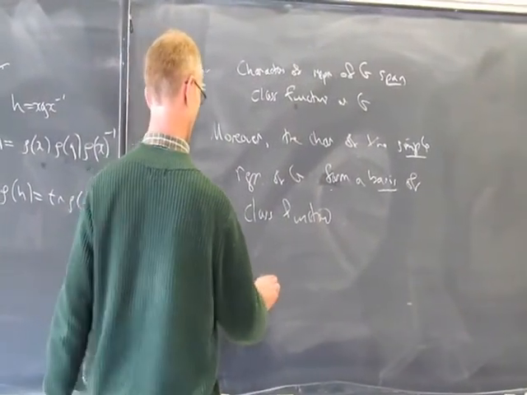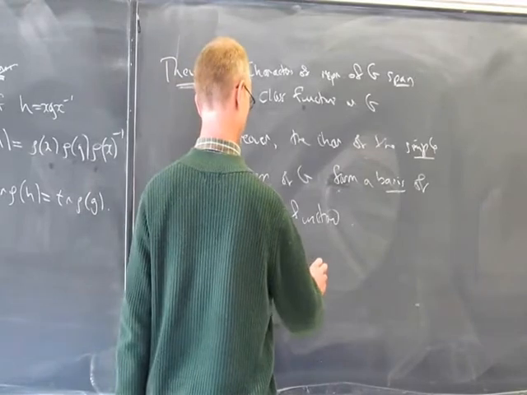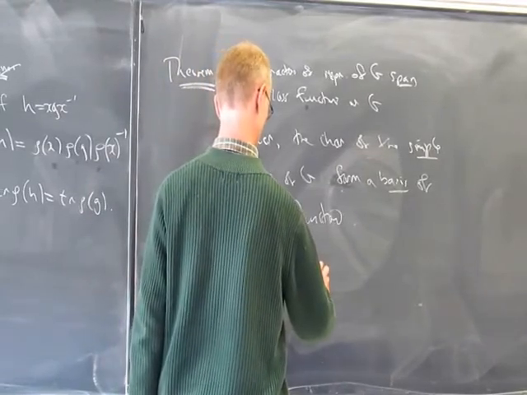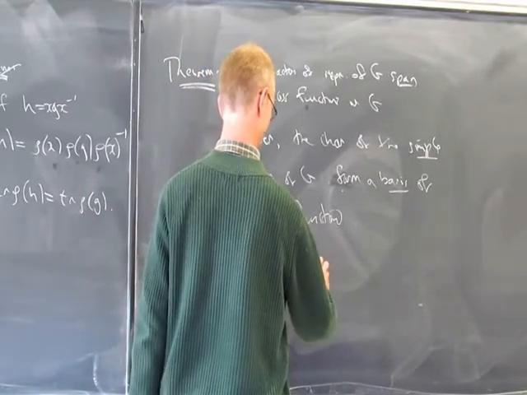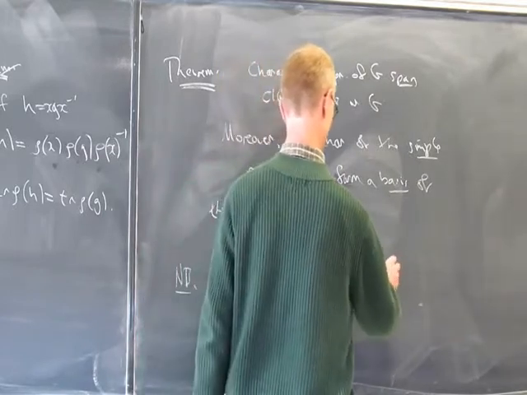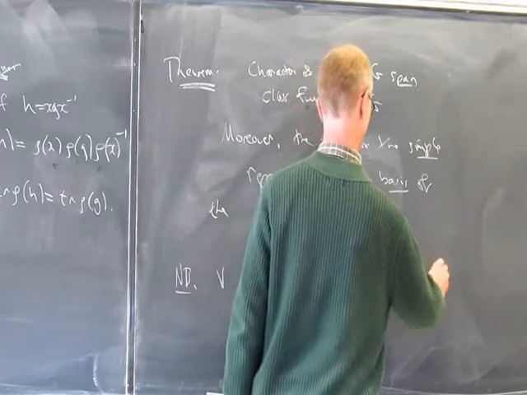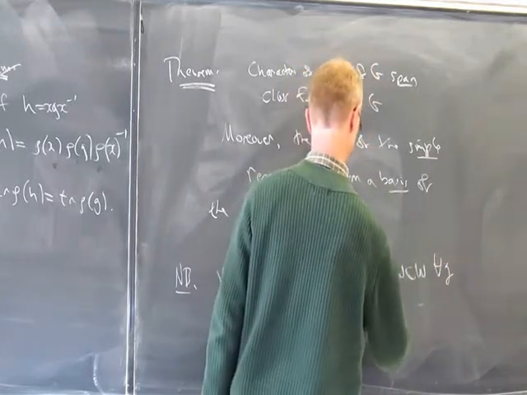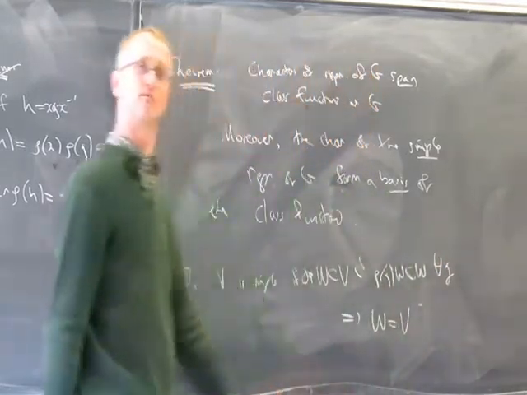Here I'm pretty sloppy, not writing rho. If W is contained in V is not 0, and rho of G of W is contained in W for all G, then W has to be all of V.